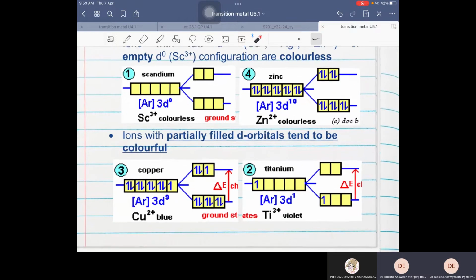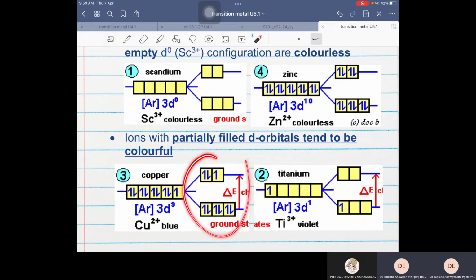Here's the example of copper you have seen already. After the d orbitals are split, one electron from the lower energy level can be excited to the higher energy level. There is a vacancy, there is a space. So when it absorbs the light and uses the energy to promote the electron, it then transmits color that is complementary to the absorbed frequency.